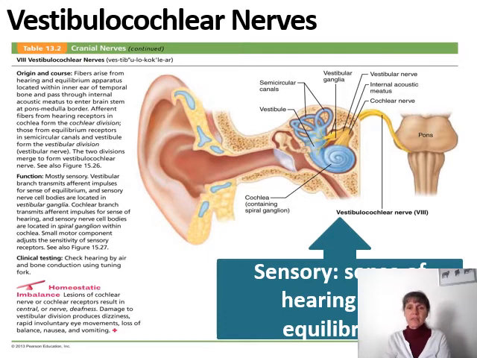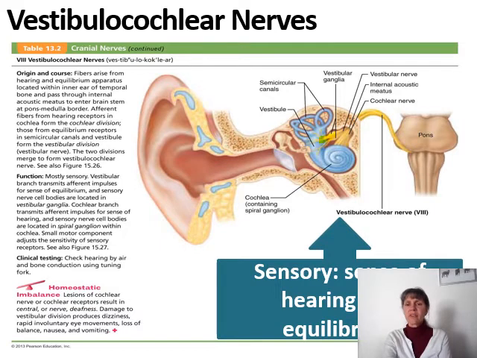This takes us to cranial nerve 8, which is the vestibulocochlear nerve, because there are some branches of this nerve that are coming from the vestibule of the inner ear.